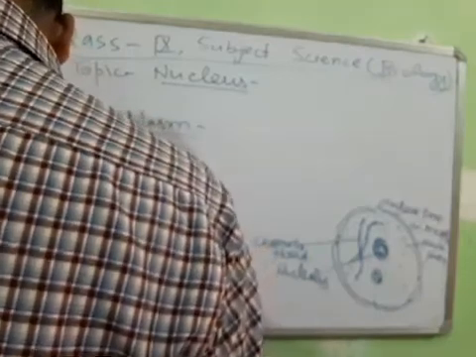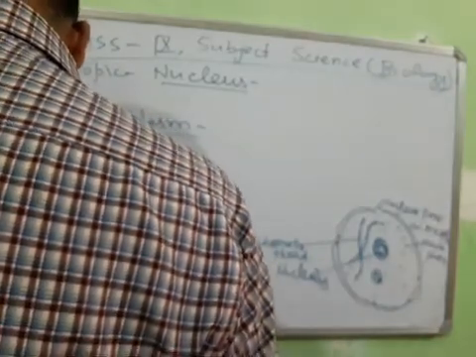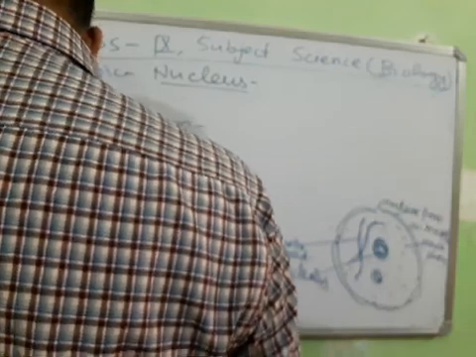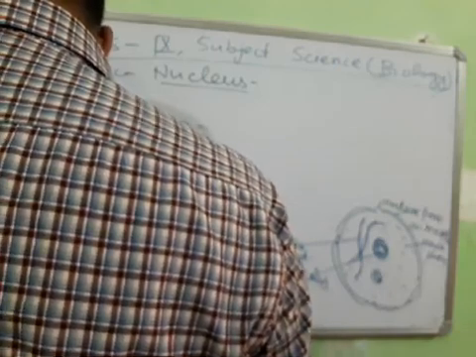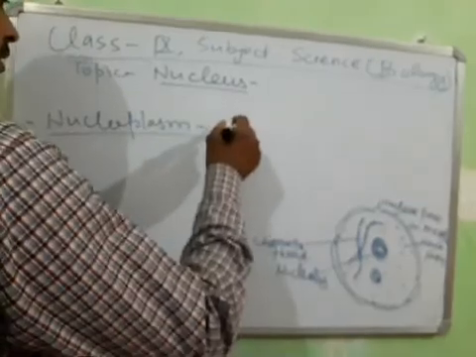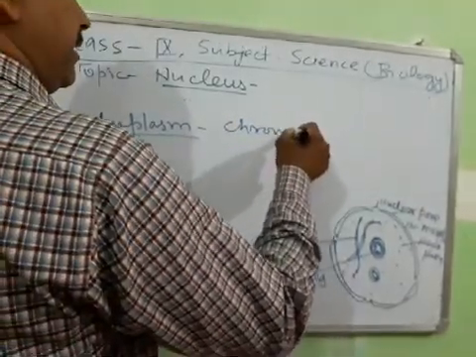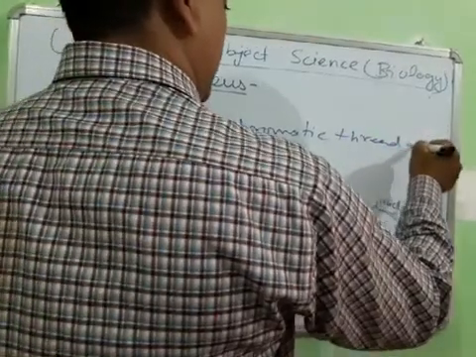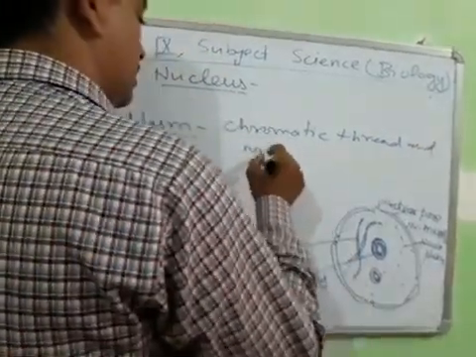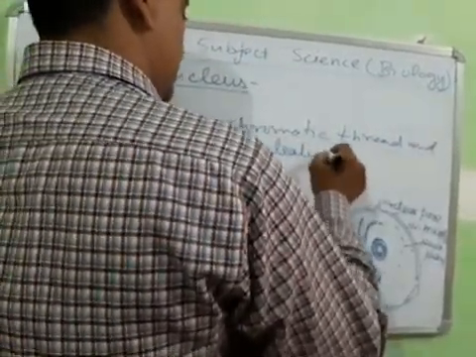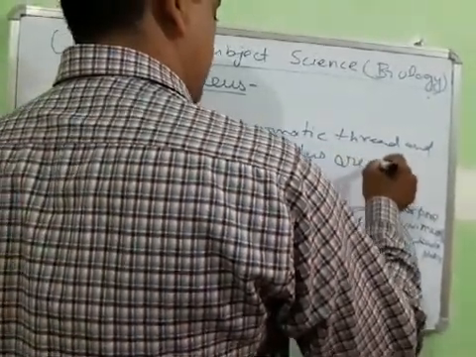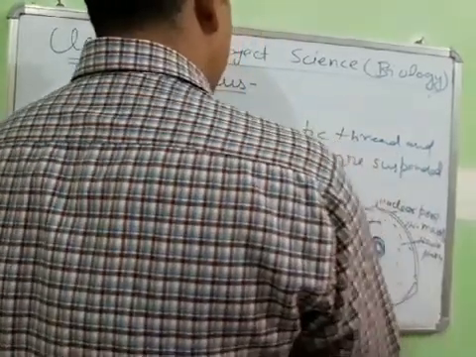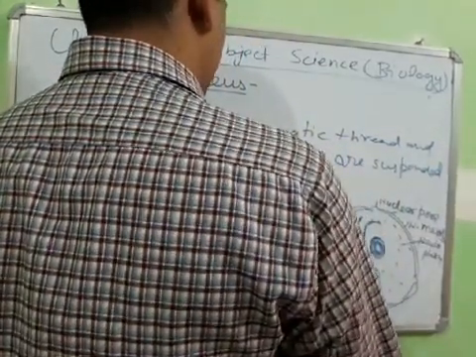So nucleoplasm is the substance in which the chromatin and the nucleolus are suspended. Chromatin thread and nucleolus are suspended in nucleoplasm.